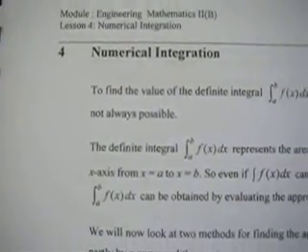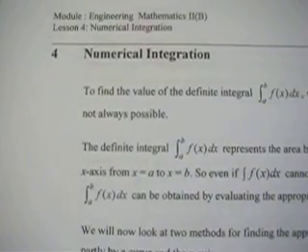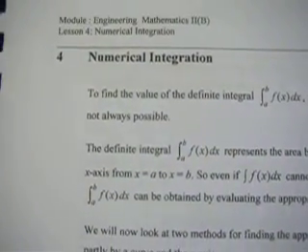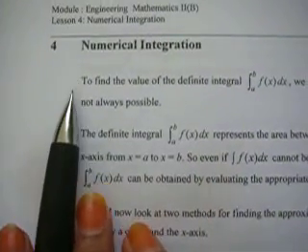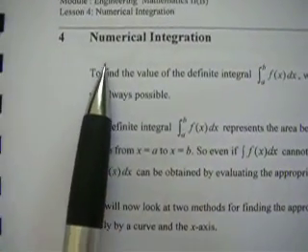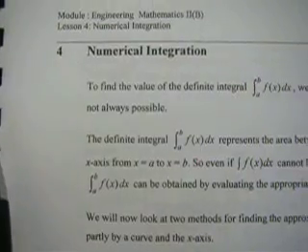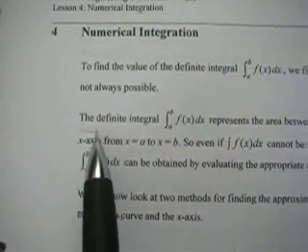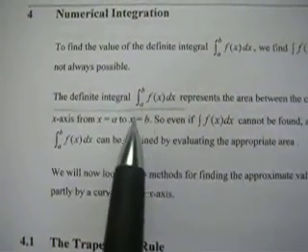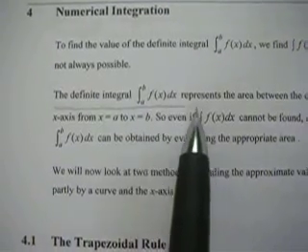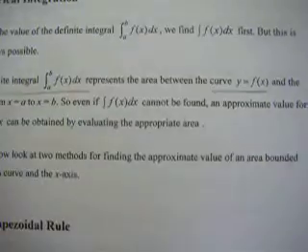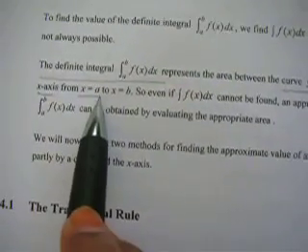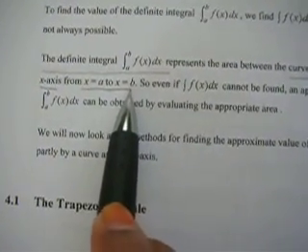I'll explain the introduction to numerical integration and how we define numerical integration itself. It is an approximate computation of an integral using numerical techniques. The definite integral of f(x) dx from a to b represents the area between the curve y equals f(x) and the x-axis from x equals a to x equals b.